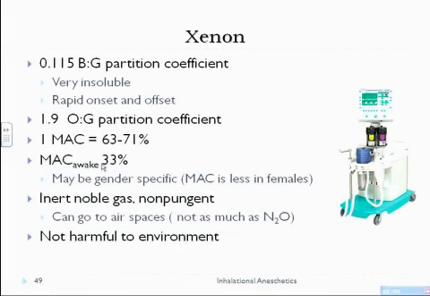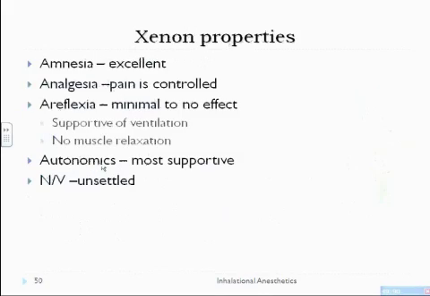Xenon is a non-pungent, noble gas and can go into airspace. It doesn't go in as quickly as nitrous oxide, but it still can increase the risk of developing a pneumothorax, or a tension pneumothorax if somebody already has a pneumothorax. The good thing is it's not harmful to the environment.